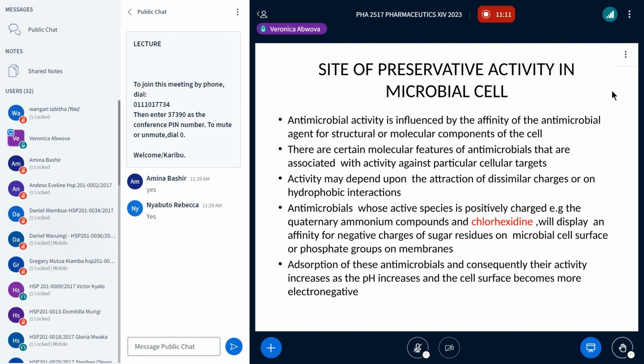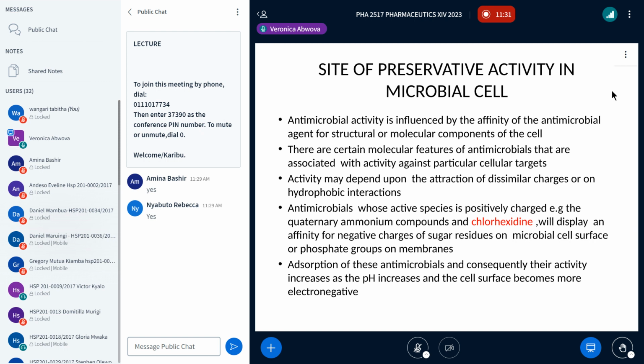Antimicrobials whose active species is positively charged, for example, the quaternary ammonium compounds and chlorhexidine, will display an affinity for negatively charged sugar residues on the microbial cell surface or phosphate groups on membranes.